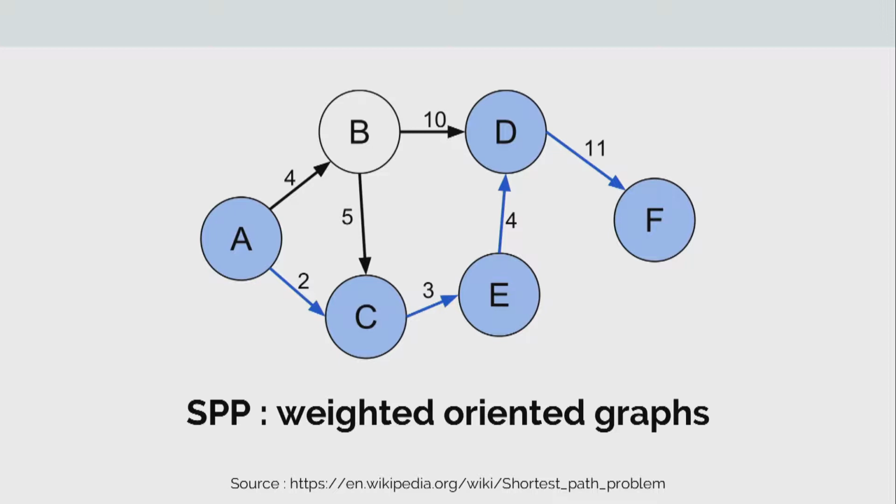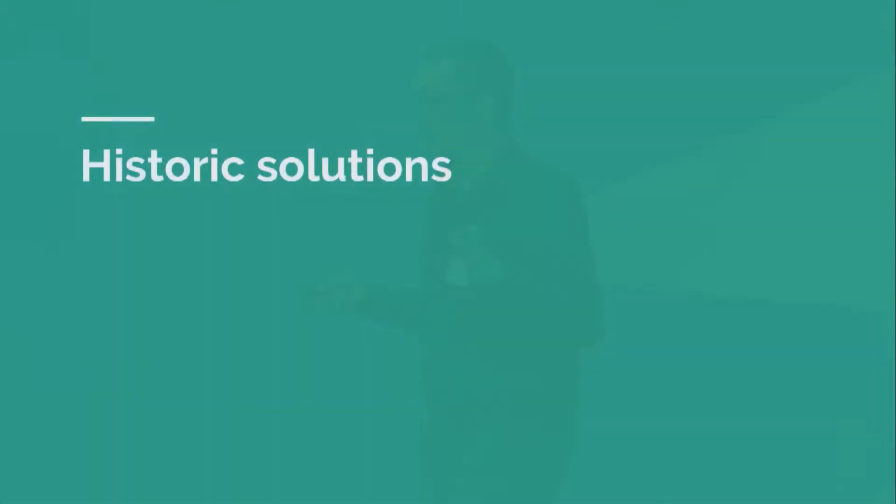In our case, we will have nodes, so for instance, A and C would be bus stops, and the value of each edge would be the time taken by the bus to go from point A to point C.